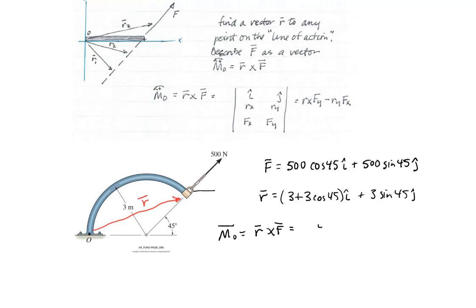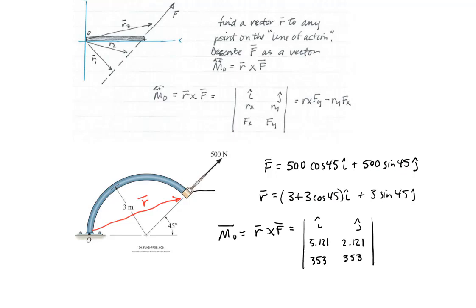So let's build our matrix with i and j, and we're going to put the r vector in the top row. If I calculate that out, I got 5.121 and 2.121. Then the f vector going below is 353 and 353. In other words, calculating the values of each of these and putting those in there.